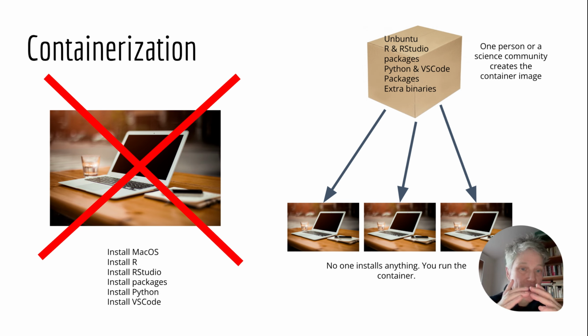And we can take that self-contained thing and we can run an identical copy on a bunch of different machines, different laptops. And if we can do this in a clever way, we wouldn't even have to care what type of laptop it was. For example, we could run these containers in a browser, and all you need is a browser.